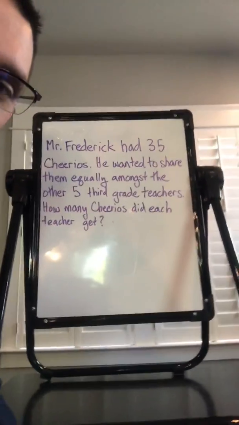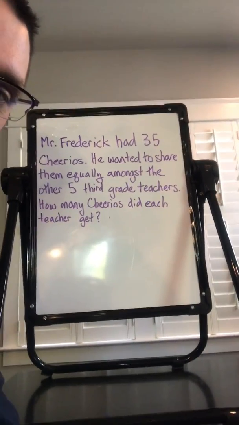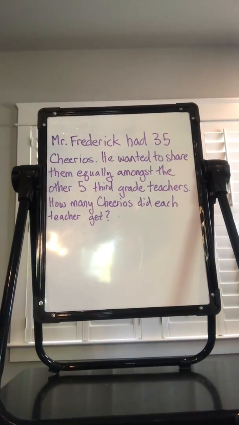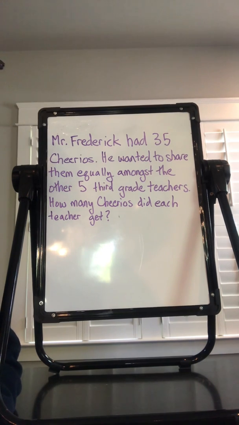I'm going to show it right up here on this marker board so that you can follow along with me. It says, Mr. Frederick had 35 Cheerios, and he wanted to share them equally amongst the other 5 third grade teachers. How many Cheerios did each teacher get? I'm going to read it one more time, and then I want you to pause the video so you can solve, and then we'll check the problem together.